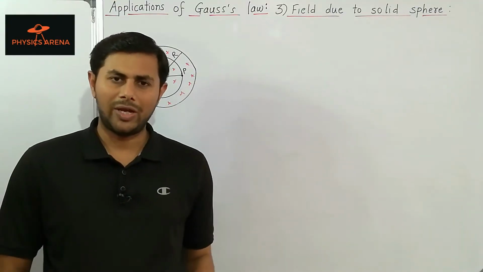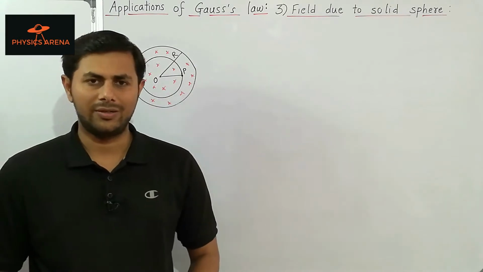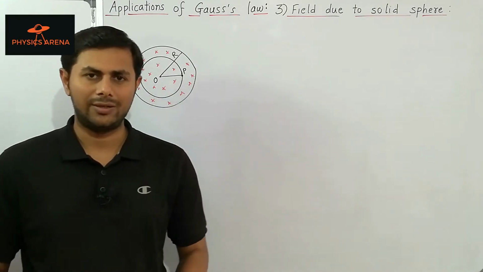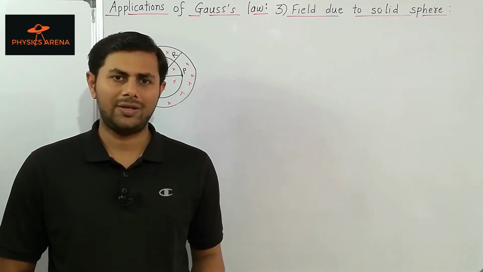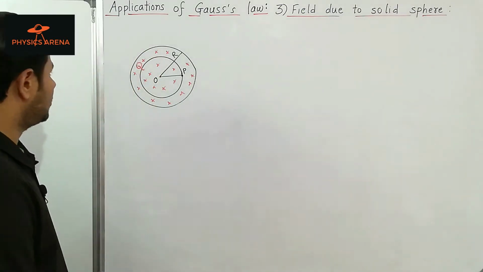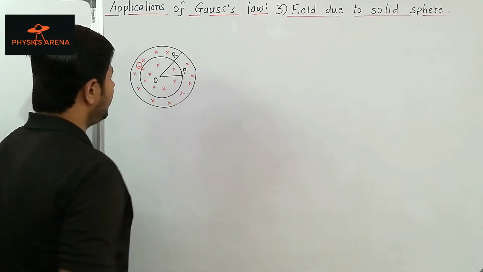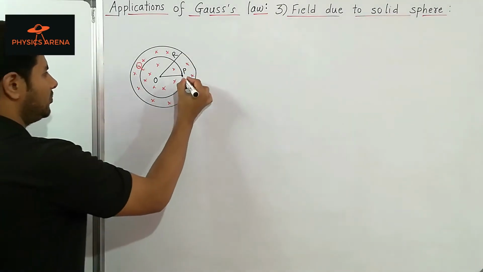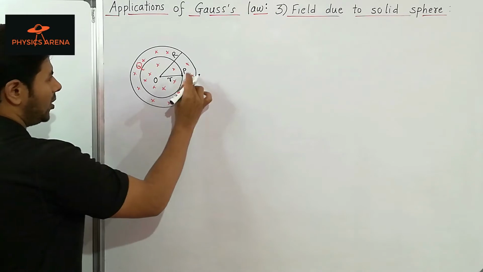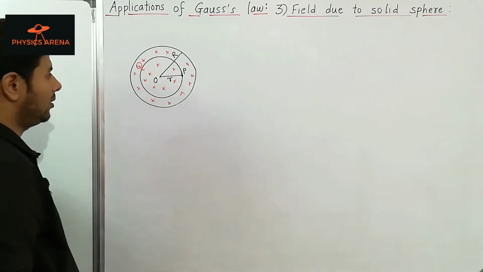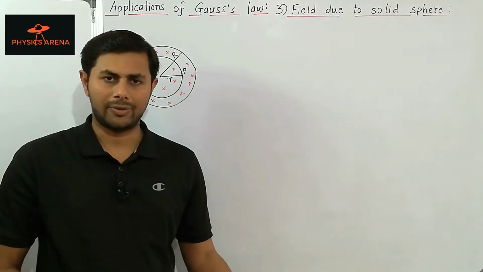Okay, now we are going to find out the electric field due to a solid sphere at a point in the interior region. Suppose this is the solid sphere, its radius is capital R, and this is point P at distance small r away from the center, where we want to find out the electric field.